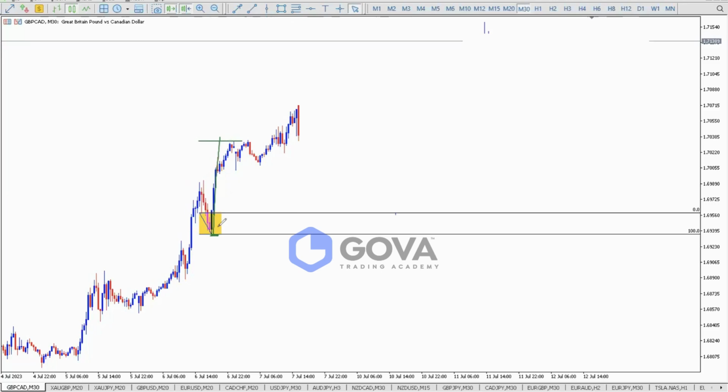You can see that market price, first of all, rallied up into this area before it starts to consolidate, right? So part of this consolidation is not what we care about. We don't care about this area because it is not part of the rally in price. What we care about is the movement in price here.